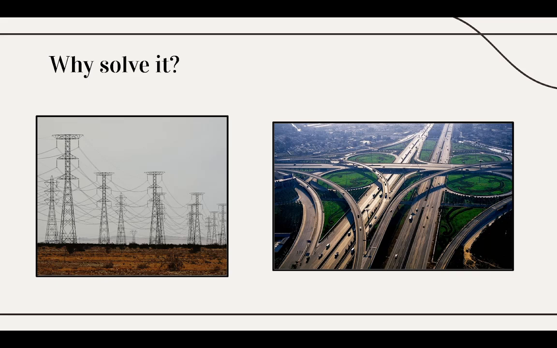The reason is because if you see it in the most abstract way possible, it's basically just a problem of networks. It's finding the shortest path to connect every node in a network, and networks are all around us. The electrical grid that powers our homes, that's a network, and the roads and highways that take us to any part of the country, that's also a network.